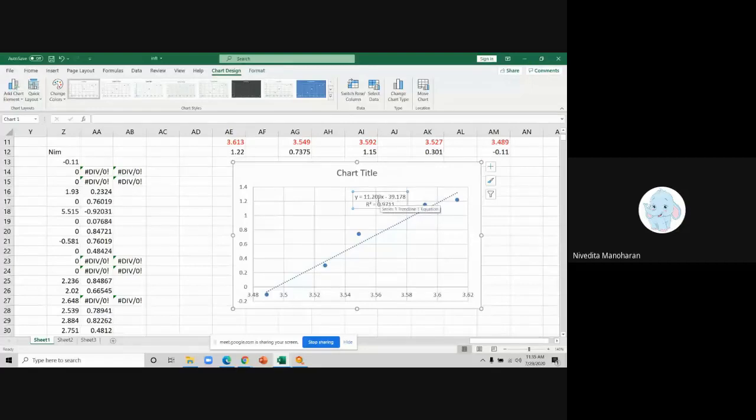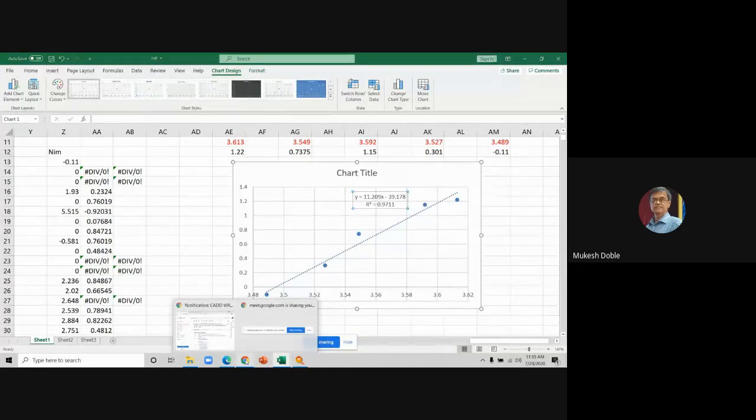The descriptor is the X, Y is your activity, R square comes out 0.97. It's very, very difficult in an experimental situation to get such a fantastic R square. But it's a very good one descriptor model which describes our problem.